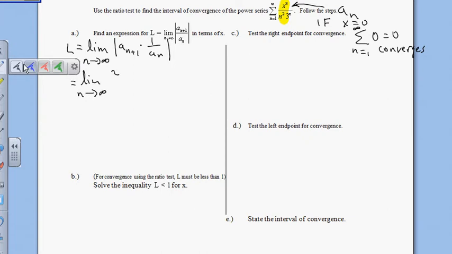So we end up with x to the n plus 1 over n plus 1 squared times 3 to the n plus 1. Let's extend the fraction bar a little bit. Times the reciprocal of a sub n, which will be n squared, 3 to the n over x to the n. And of course, we want to take the limit of the absolute value of that expression.